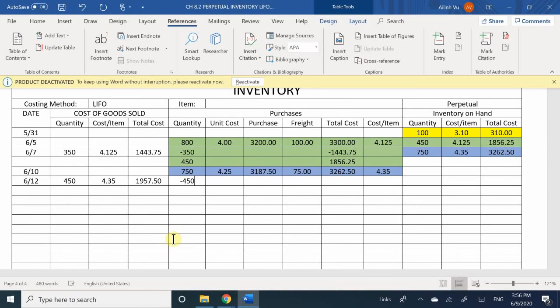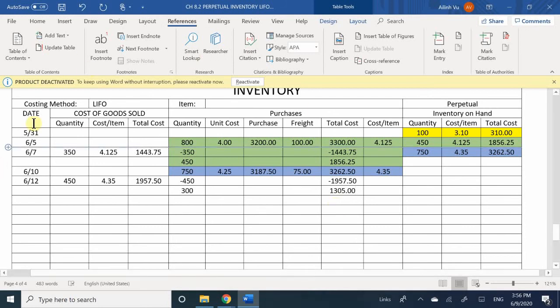Yes. Okay. So 750 minus 450 gives us a total of what? 300. Good. If we started with 3262.50 and we need to subtract 1957.50, how much are we going to have left? 1305.